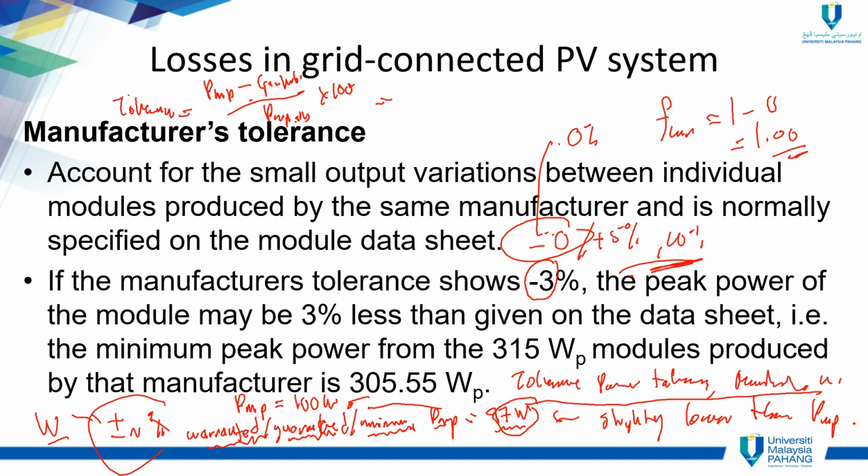For example, for this case, 100 minus 97 over 100, then you're going to get 3%. 3% means minus lah. Okay. So the tolerance is 3%.